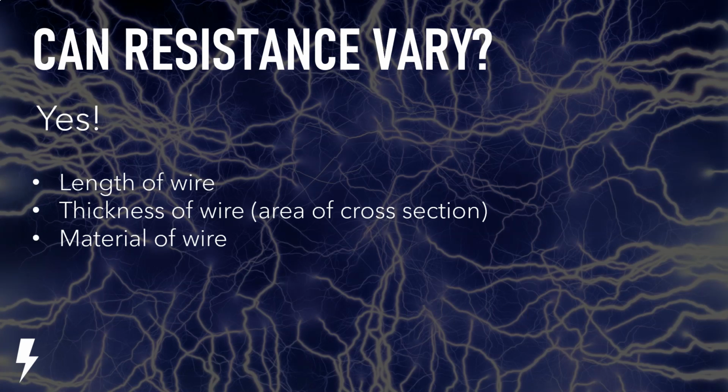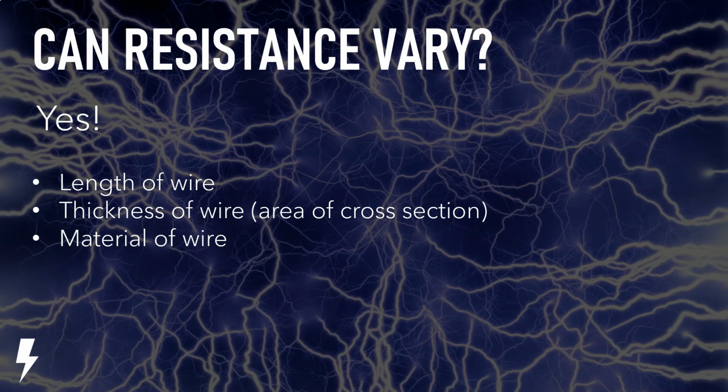Can resistance vary? Yes, it's not a constant quantity. Depending on the length of the wire, the thickness of the wire, and the material of the wire, resistance can increase or decrease. The resistance is directly proportional to the length of the wire, meaning that if the length increases, then resistance also increases.